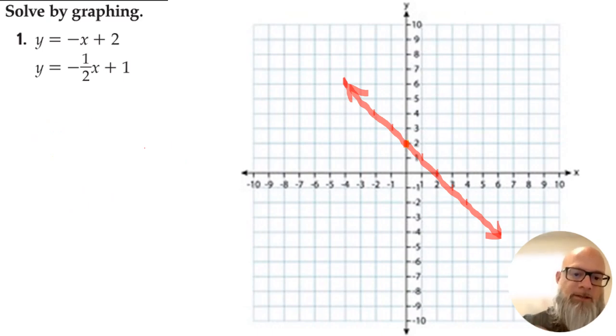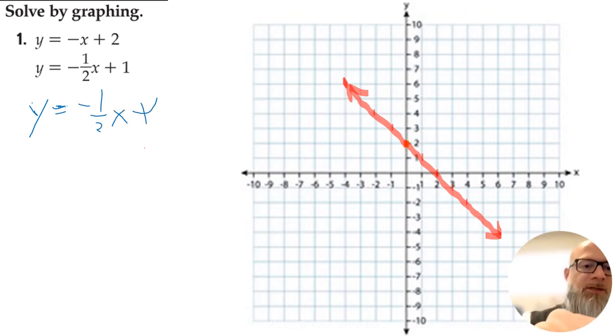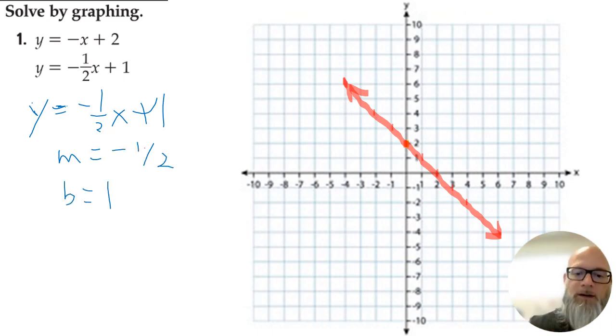Our second equation, we'll do blue over here, is y equals negative 1/2 x plus 1. Well, what's the slope? The slope is negative 1/2. And what's the y-intercept? 1. All right.